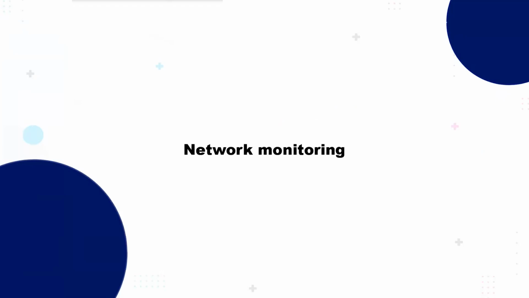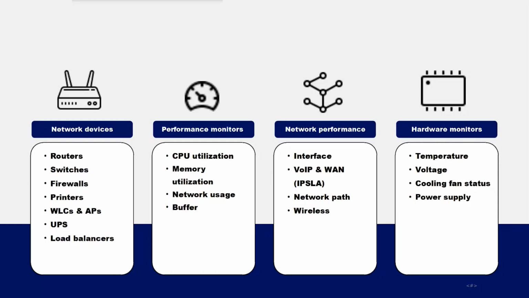Okay, so here we are done with the physical server monitoring, and now we are getting into network monitoring. The application can monitor networking devices like routing devices, switches, firewalls, network printers, LAN controllers, UPS, and load balancers. Here we can monitor the performance metrics of the networking devices, and also the network performance, like traffic and link bandwidth utilization.